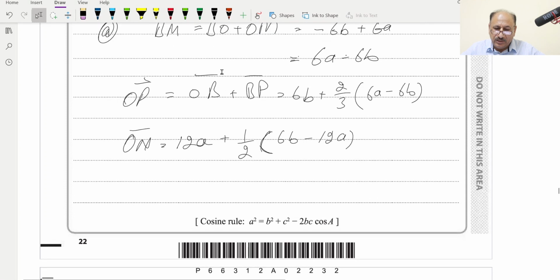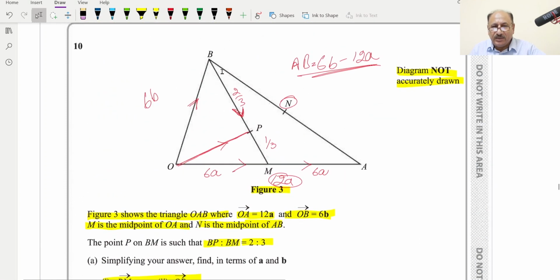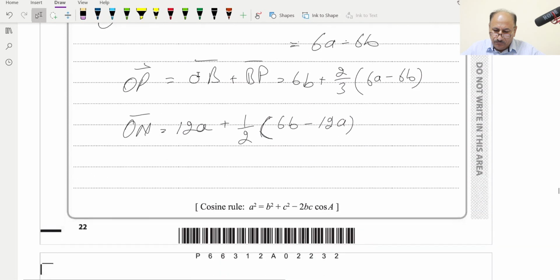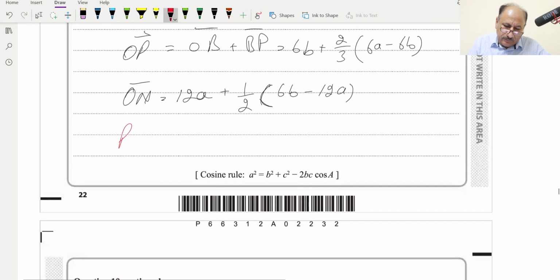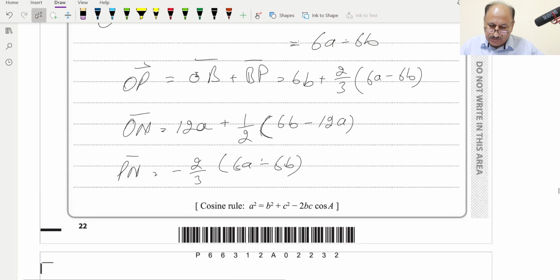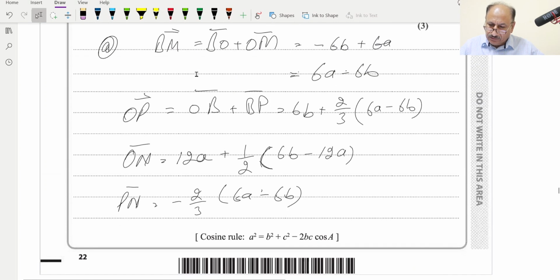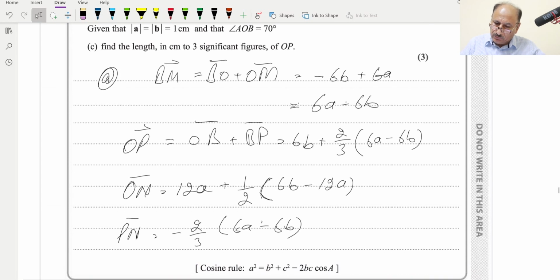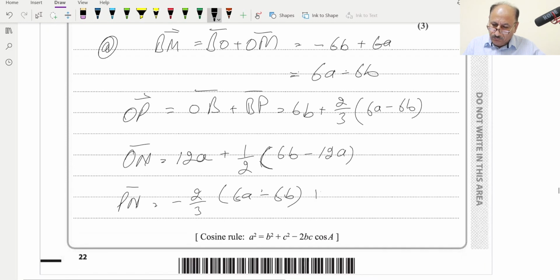After this we can find PN also. PN is equal to minus 2/3 of 6a minus 6b, which is this portion we have taken, plus 1/2 of minus 6b plus 12a.